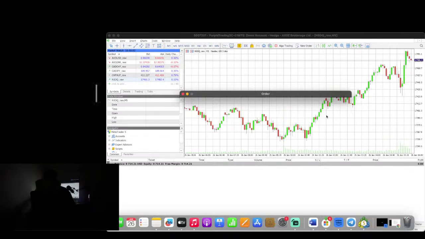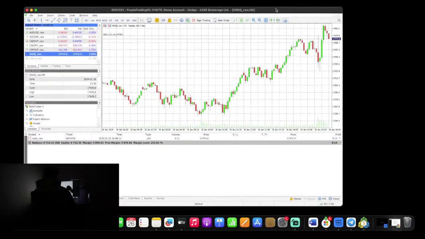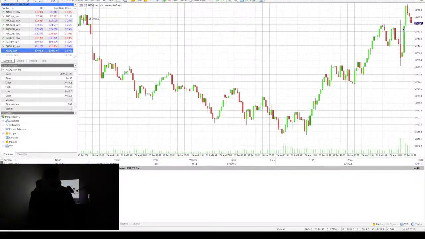So I've opened the trade using my mobile. Yeah, you can see here now. So this is the trade we have opened. Let's place a proper stop loss.